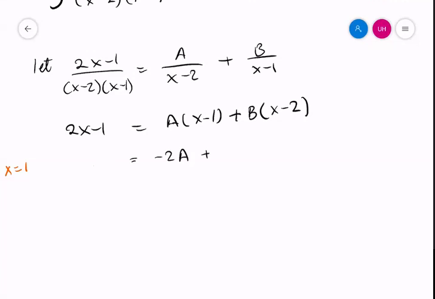Looking at the x as times, 2x is 2 times 1 is 2, minus 1 is 1, equals this is going to be 0 and minus 1b. And therefore b will be minus 1.